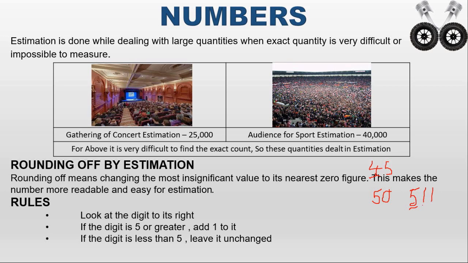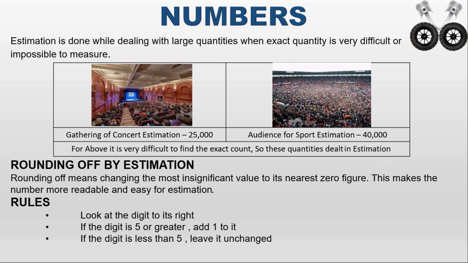What is the right side number? It is 1. If it is 5 or greater than 5, you have to add. If it is less than 5, you have to write the number as it is and put 0. So it is less than 5. So we write the number 5 as it is and put 0, 0. So this is rounding off to the 100 position.